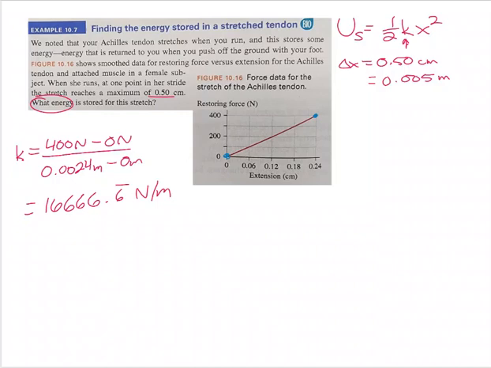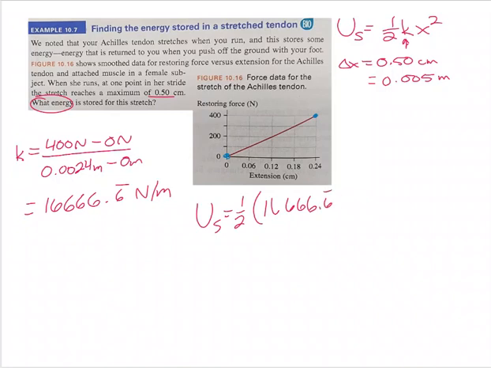So we can go ahead and do our formula here. We have U sub S equals 1/2 times the k, which was 16,666.6 repeating.